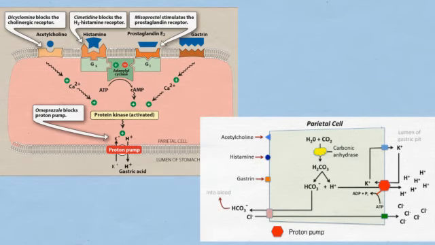Water and carbon dioxide combine in the presence of the carbonic anhydrase enzyme to form carbonic acid. This carbonic acid further splits into hydrogen ion and bicarbonate.